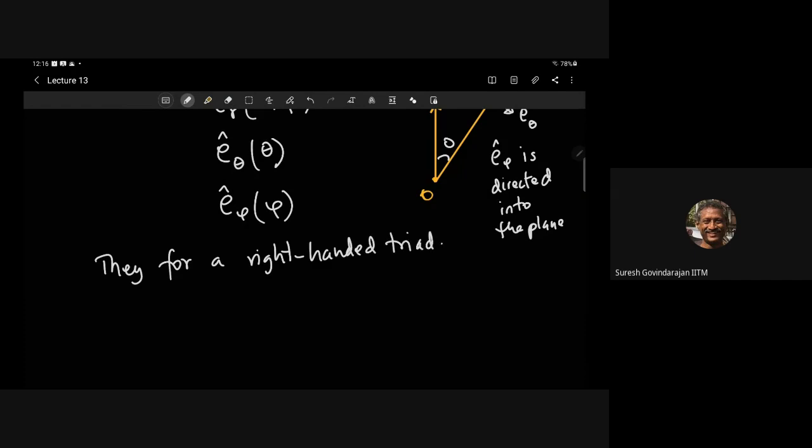Okay, so that is e_r cap cross e_theta cap. What should this be equal to? E_phi cap.